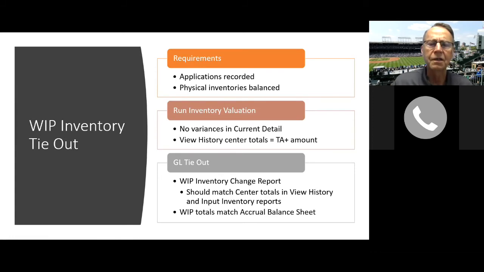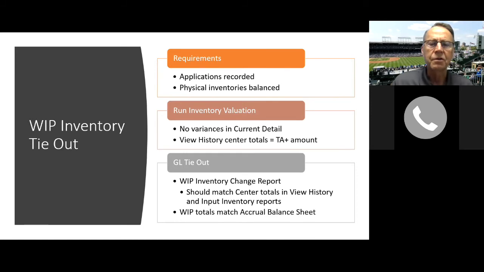That goes feed, seed, chemical, fertilizer, anything that rolls into work in process. And we have to get the physical inventories balanced. That's essential. We don't need to know about the dollars because the FBS is going to do the dollars, but we do need to know the physical inventories match the real world.